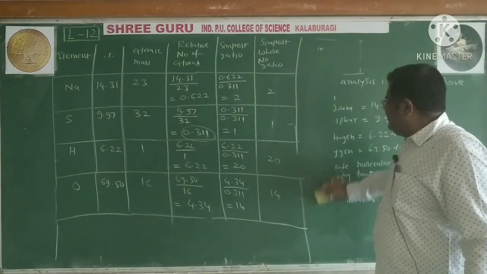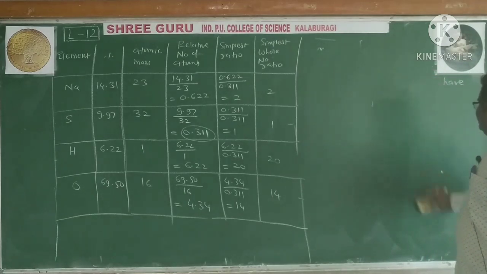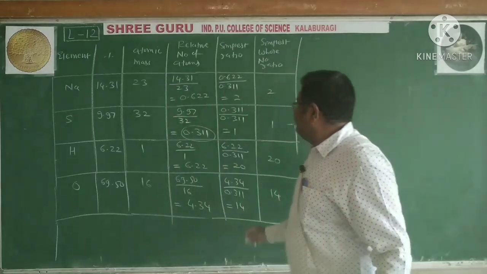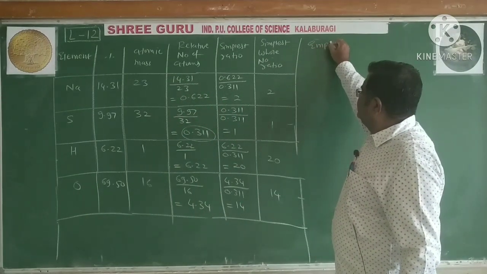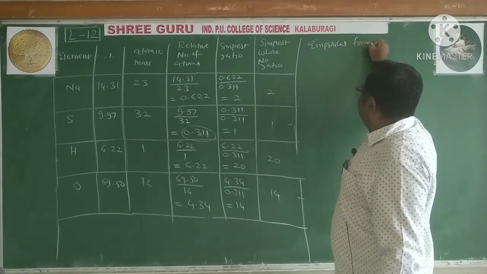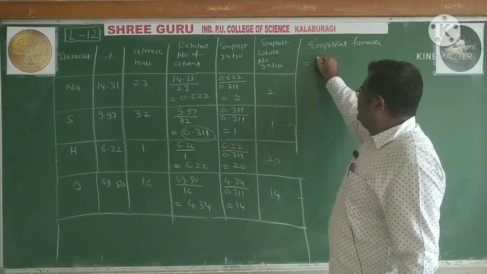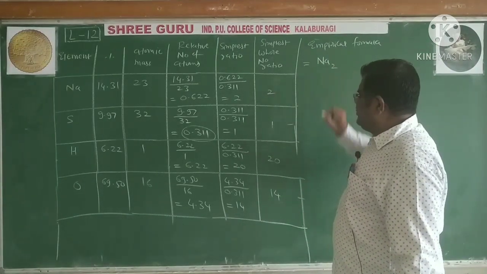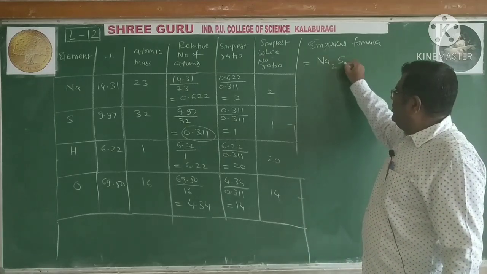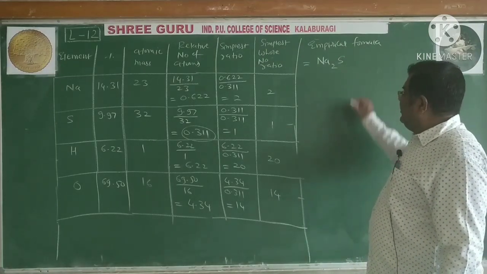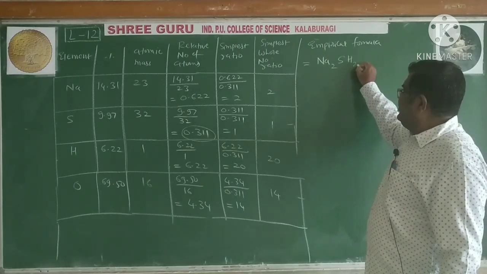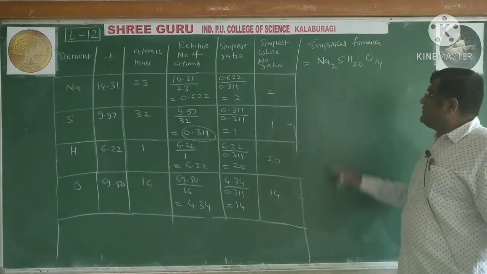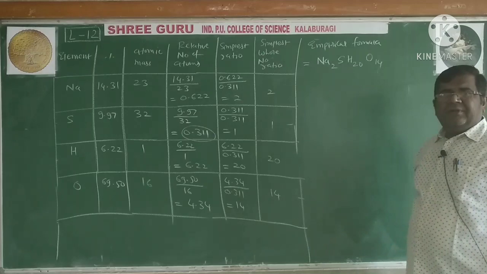So now we can write the empirical formula. Empirical formula is equal to the symbol of element with a subscript of the simple whole number ratio: Na2, S, H20, O14, with the subscript to the symbol of the element.